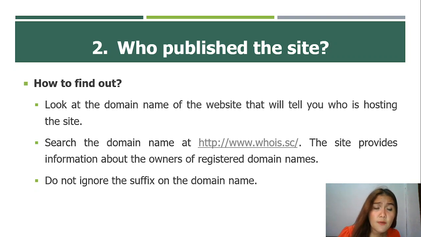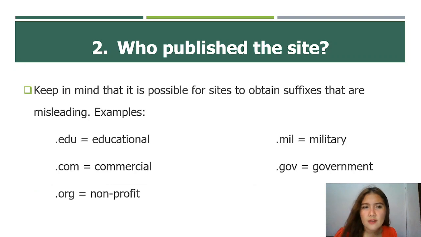So, this site provides information about the owners of registered domain names. So, do not ignore the suffix on the domain name. So, the suffix is, for example, .sc. So, keep in mind that it is possible for sites to obtain suffixes that are misleading.